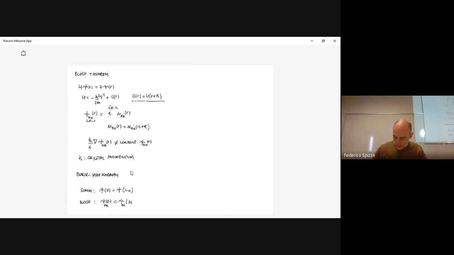So if I call, for instance, N1 the number of ions that are found in the x direction, I multiply that by A1, that is the primitive vector along the x direction. In this way, I access, let's say, the other side of the solid.